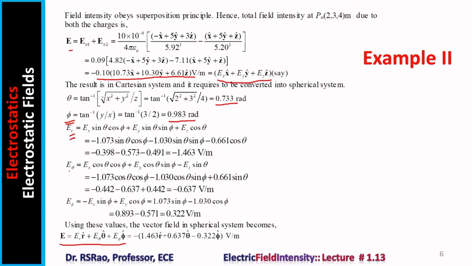Now, ER, E theta, E phi can be computed. ER is Ex sin theta cos phi plus Ey sin theta sin phi plus Ez cos theta. Substitution results it equal to minus 1.463 volts per meter. E theta is Ex cos theta cos phi plus Ey cos theta sin phi minus Ez sin theta. Substitution results in minus 0.637 volts per meter.